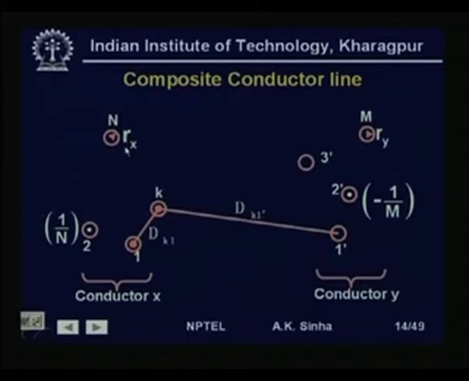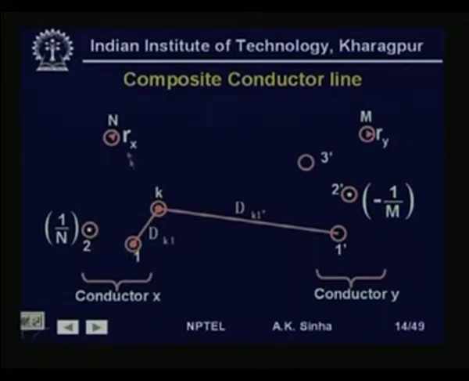We have made an assumption that all strands are of the same radius. This is normally true, and each strand of this conductor will be carrying 1 by n of the current, because they are having equal cross sectional area of the same material.